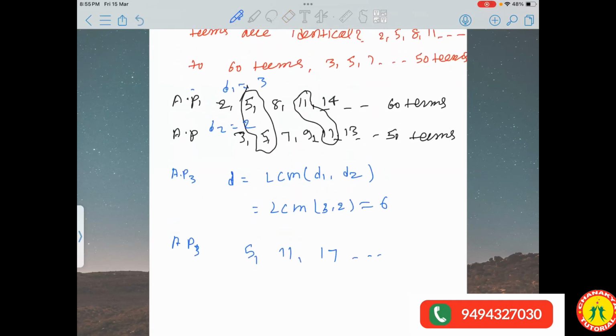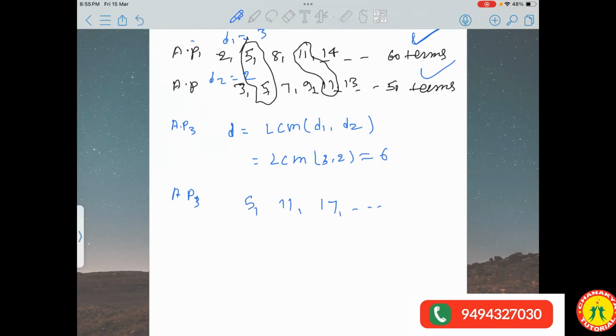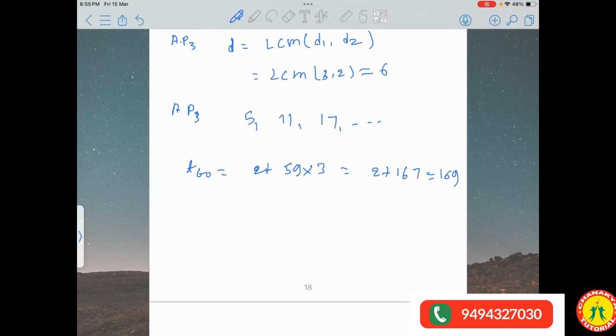So first find the last terms of the first AP and the second AP. From the first AP, the last term T60 is equal to 2 plus 59 into 3, which is 179.